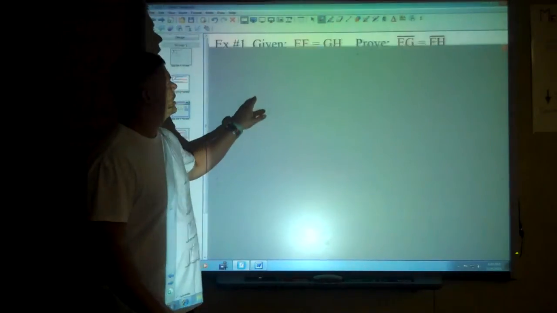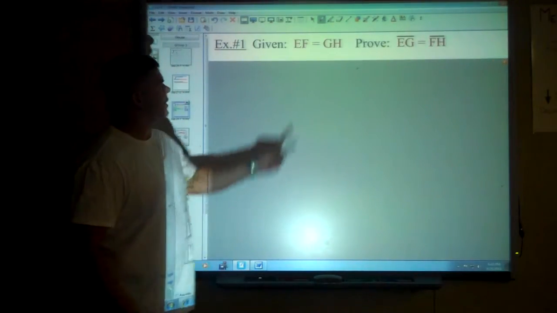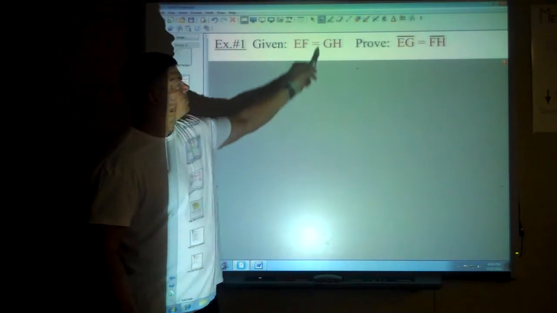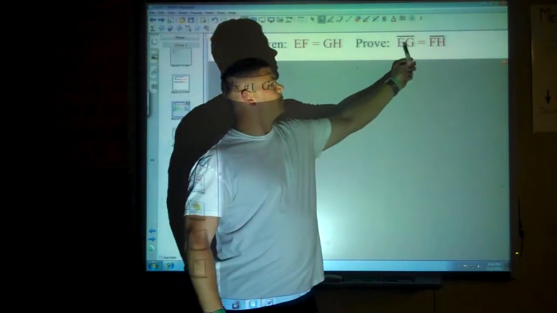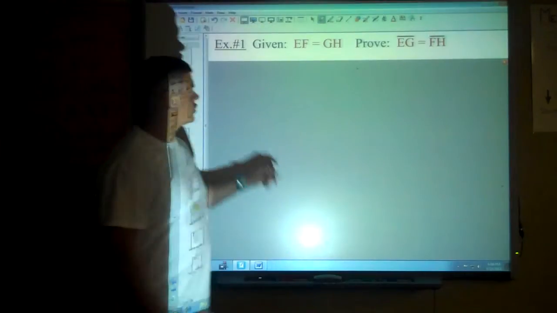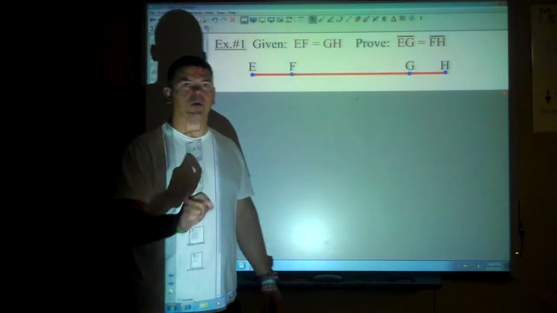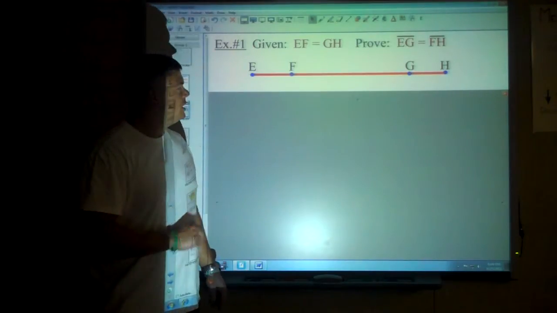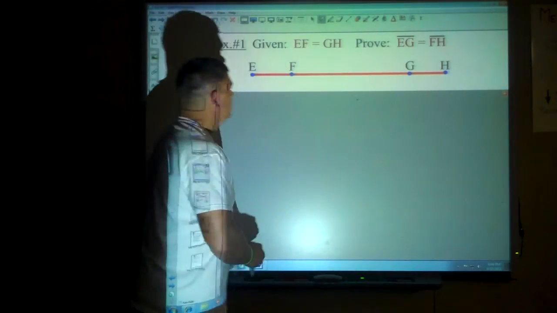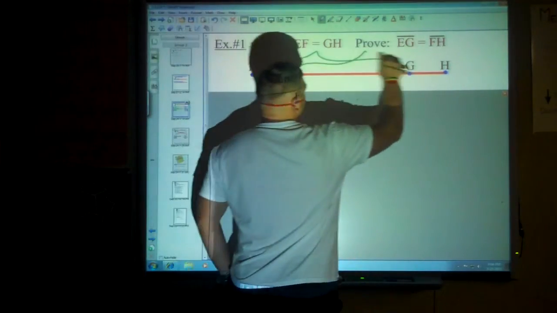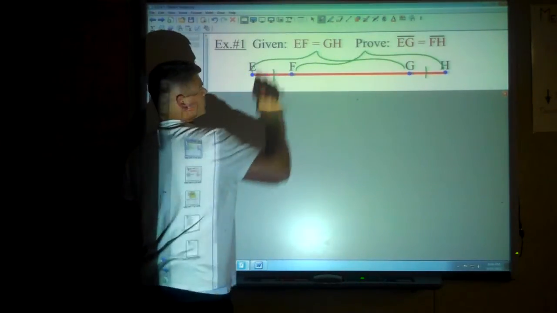So I'm going to give you a couple more examples for two-column proofs. Say we have given that the distance from E to F is equal to the distance from G to H. Can we prove that line segment EG is equal to FH? So here's the given situation. This is actually very similar to the last proof that we did, where we were using the distance from here to here and the distance from here to here to prove that these two were the same.